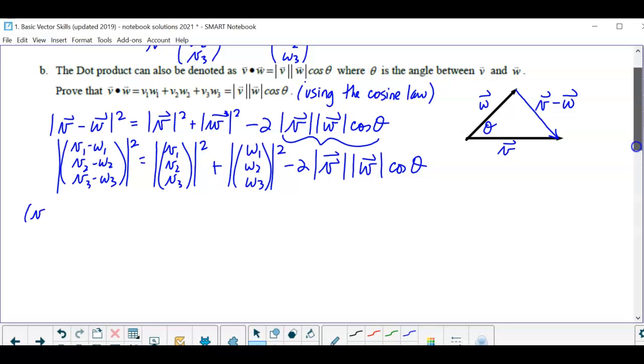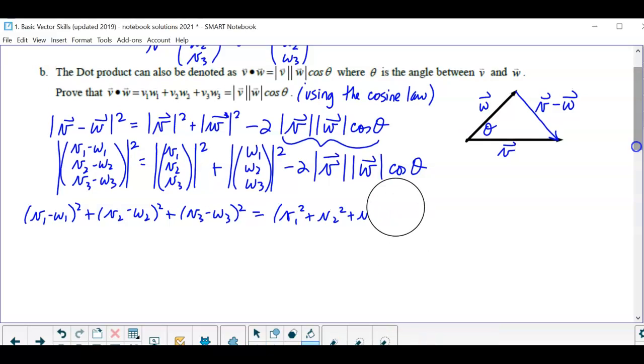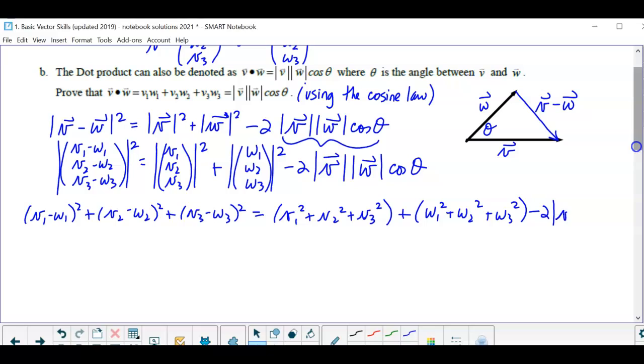So really, we'll end up with v1 minus w1 squared plus v2 minus w2 squared plus v3 minus w3 squared equals v1 squared plus v2 squared plus v3 squared, plus w1 squared plus w2 squared plus w3 squared, minus 2 magnitude of each, cosine theta. Expand those out.